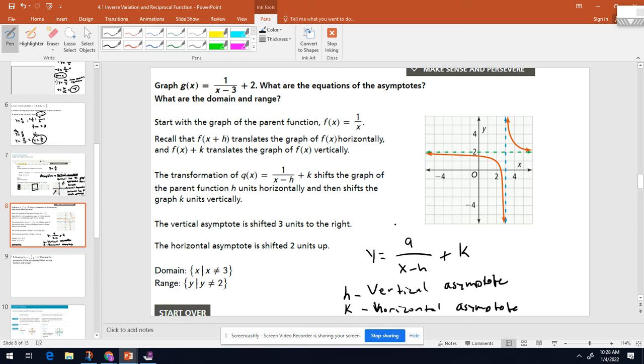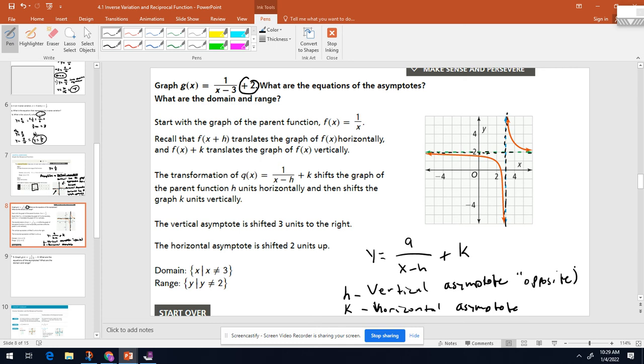So if I give you a problem like this with +2, I'm going up 2, and that's where I draw my horizontal asymptote. That's why I got confused there for a second. This -3 is my vertical asymptote. So again, h is always the vertical asymptote, and it's the opposite.